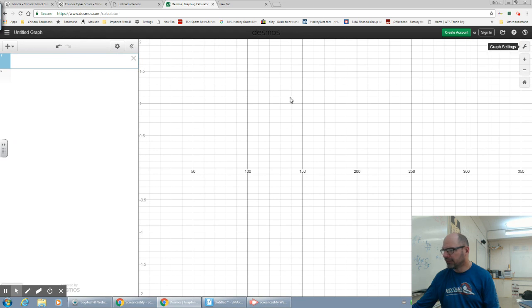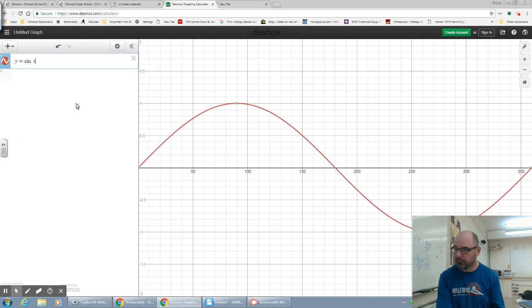It's in degrees. Now I'm going to type in y equals sine x to show you what it looks like. Y equals sin, S-I-N for short, x. So there is the shape of the sine graph. At 0 degrees, it's 0. At 90 degrees, it's 1 because it's right up at the top of the circle.